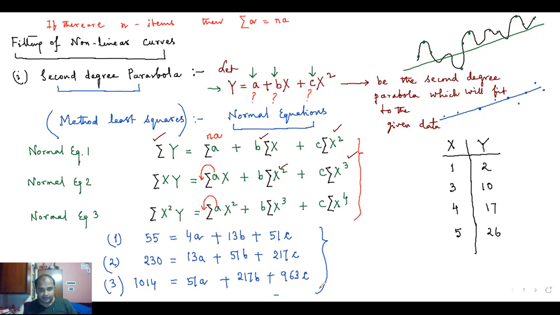You can apply any matrix method, cross multiplication method or substitution method, anything by which you can take some pain to calculate these values for A, B, and C. If you can find the values of A, B, C, then your second degree parabola will be obtained. So just try this whenever you find some time. Try and find A, B, C.